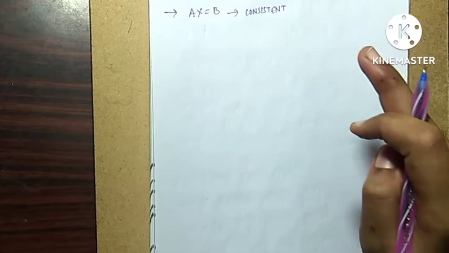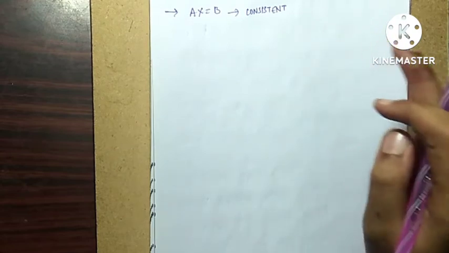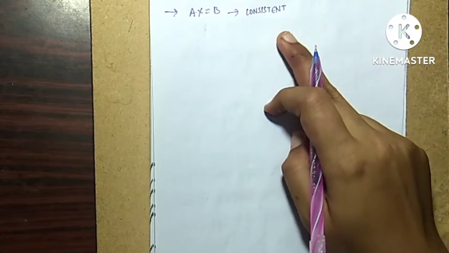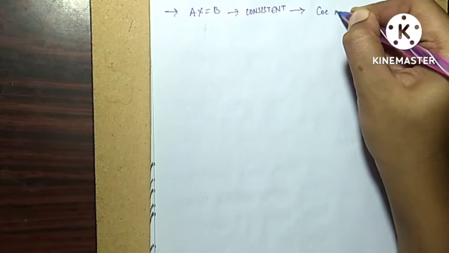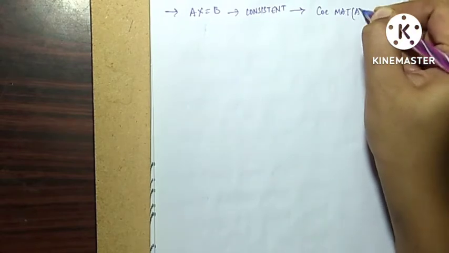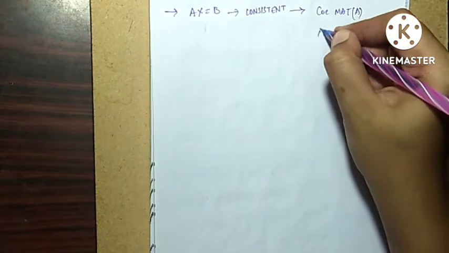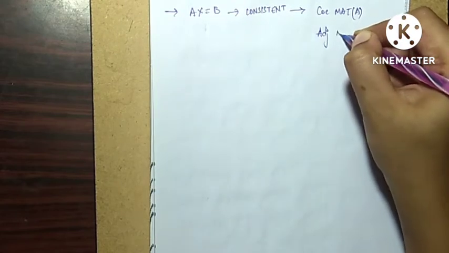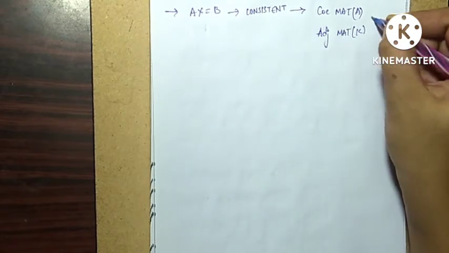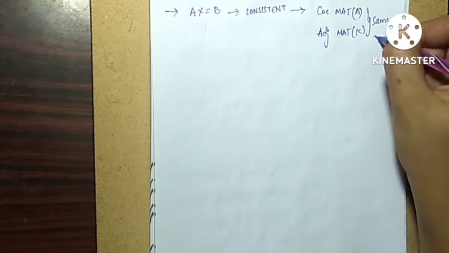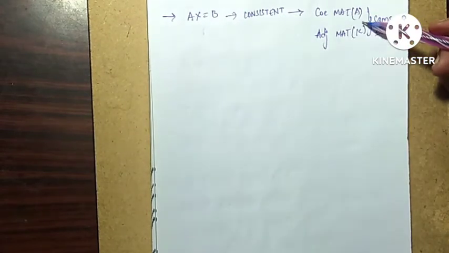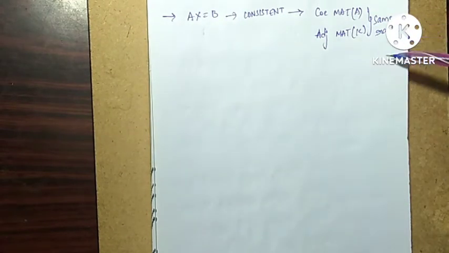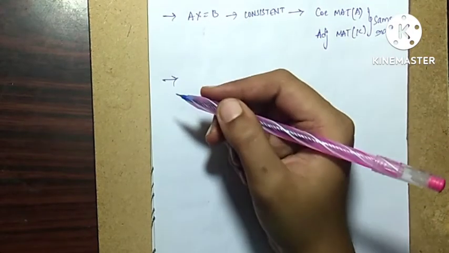AX equals B is consistent if the coefficient matrix A and the augmented matrix K have the same rank. Okay, next we will jump to another point.